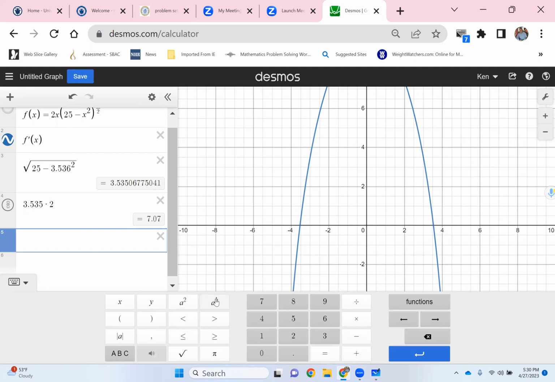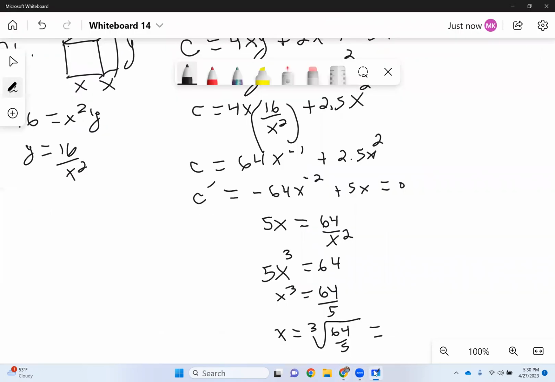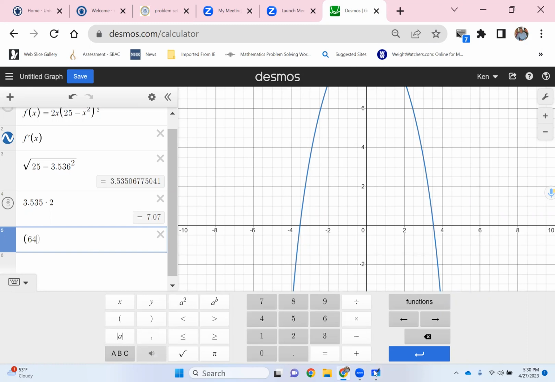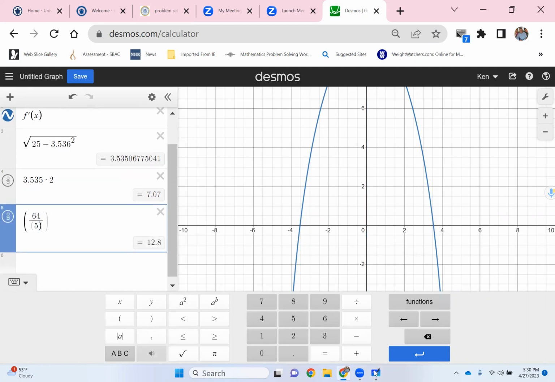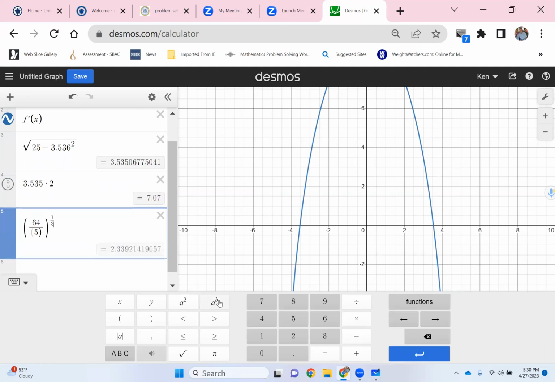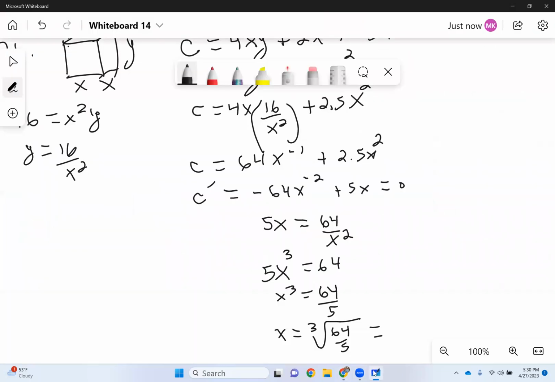So it's 64 over 5 raised to the power of 1/3. All right, 2.34. So x equals 2.34.